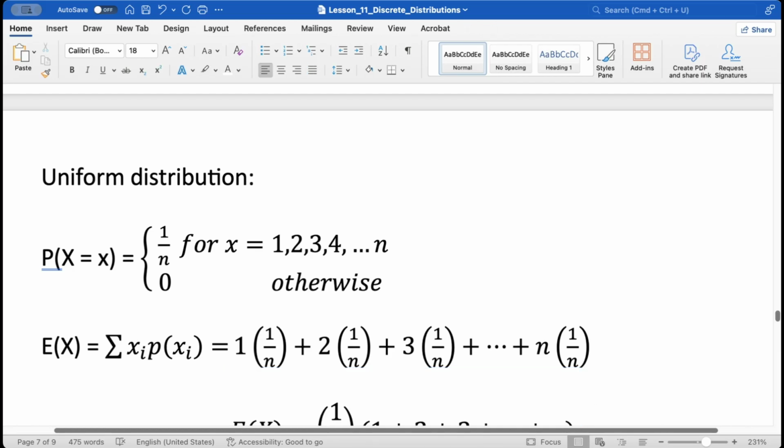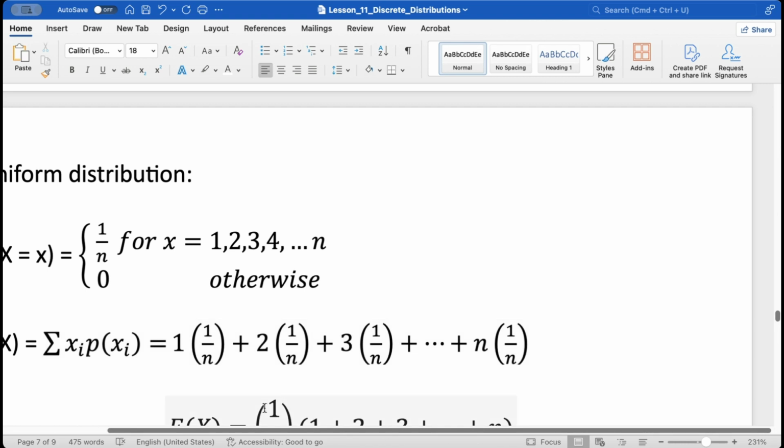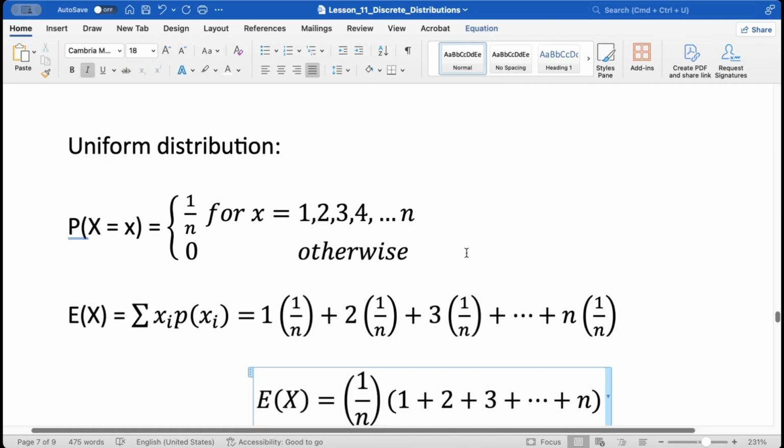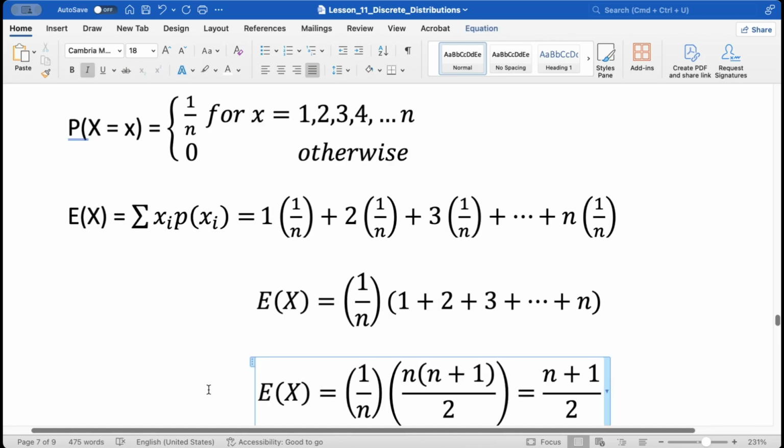All right, so expected value, summation xi, p of xi, all the probabilities are the same, 1 over n. The x values go from 1 to n. So factoring out 1 over n, we're left with the sum from 1 through n. You may have seen this in Calculus 2 or some other courses like discrete math. The sum formula for the first n positive integers is n times n plus 1 over 2.